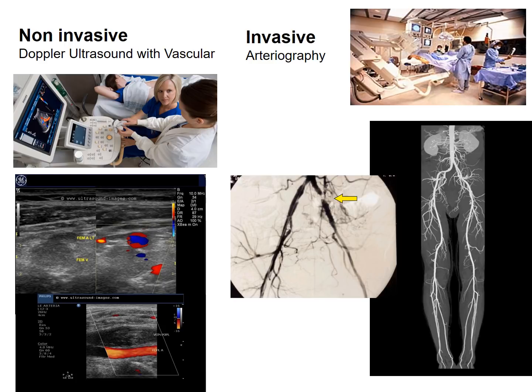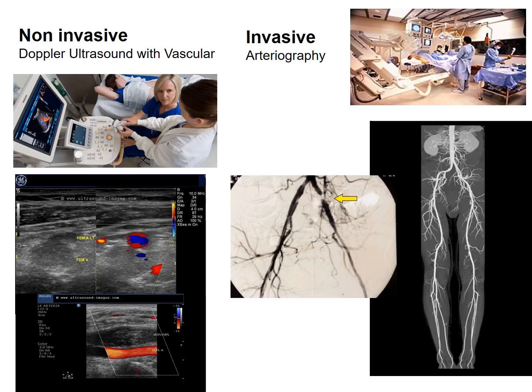Non-invasive Doppler ultrasound and invasive arteriography can be used by the imaging specialists and vascular surgeons to determine what degree of atherosclerotic disease there is, where it is, and how severe the constriction is. I know you've probably seen a lot of these exams done in your respective institutions.